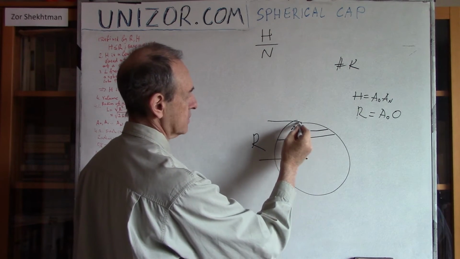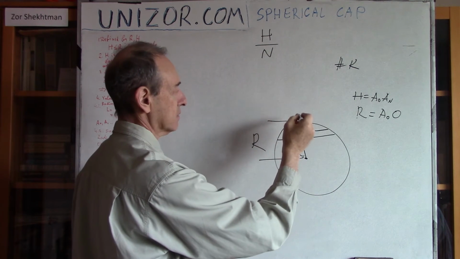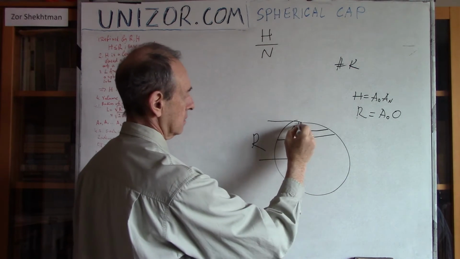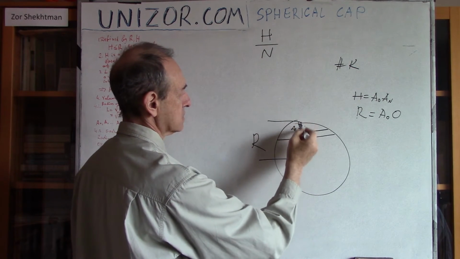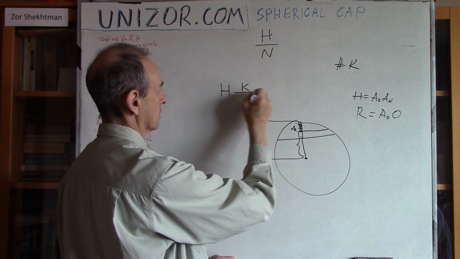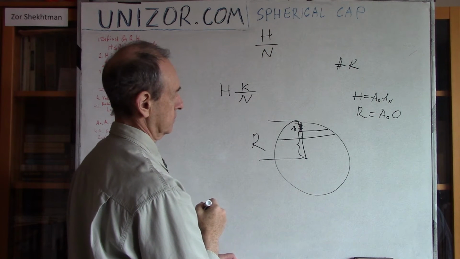Now if this is AK, it means that there are K segments in front of it. H1 is h divided by n, the little segment, so this piece is equal to h times k divided by n, right?